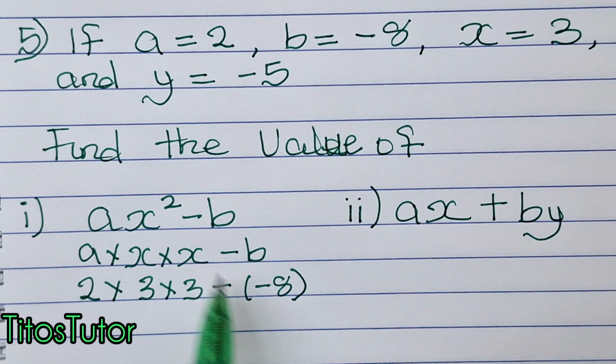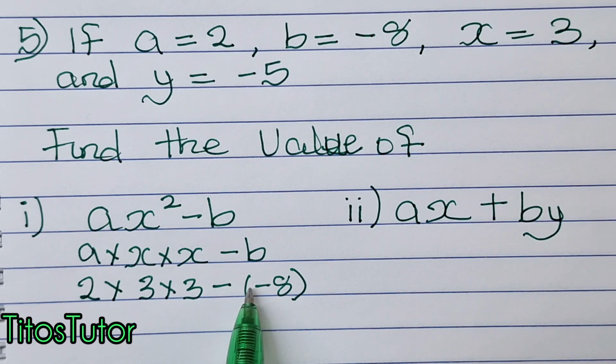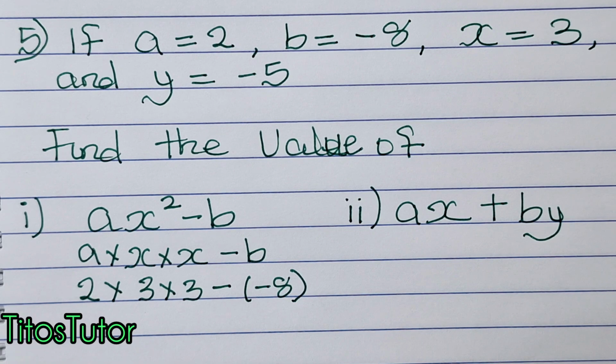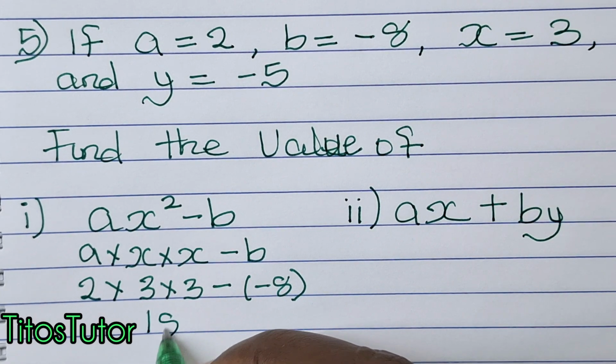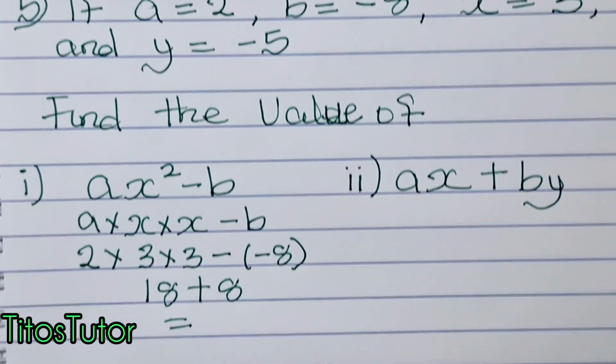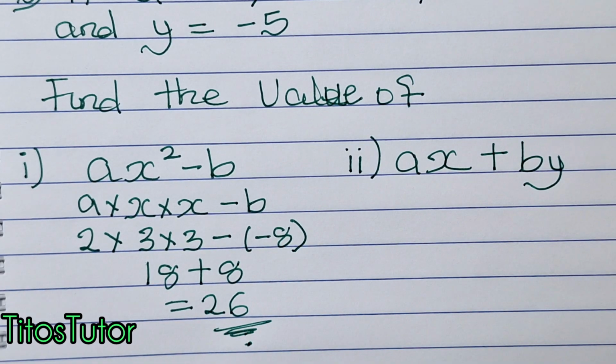Please don't throw it away. That's why you put it in a bracket, so you know that 2 negatives give you a positive, right? So let's multiply first. 3 times 3 is 9. 9 times 2 is 18. So this is 18 plus 8. And this is going to give me 26. And I am done.